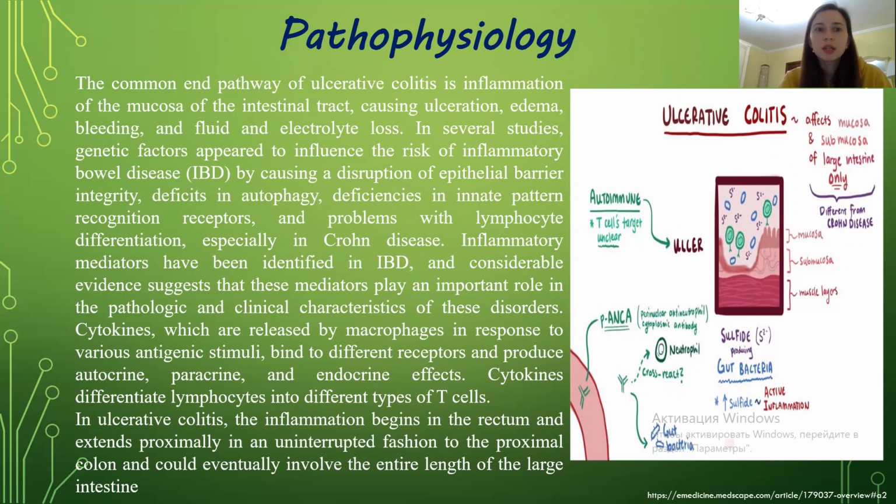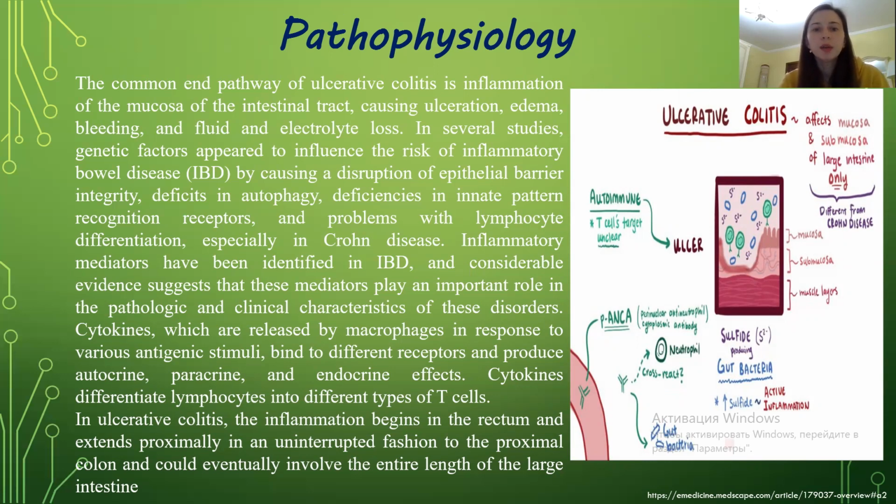In several studies, genetic factors appear to influence the risk of inflammatory bowel disease by causing a disruption of epithelial barrier integrity, deficits in autophagy, deficiencies in innate pattern recognition receptors, and problems with lymphocyte differentiation, especially in Crohn disease.